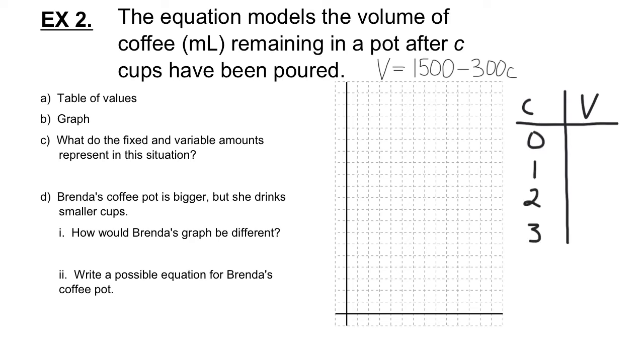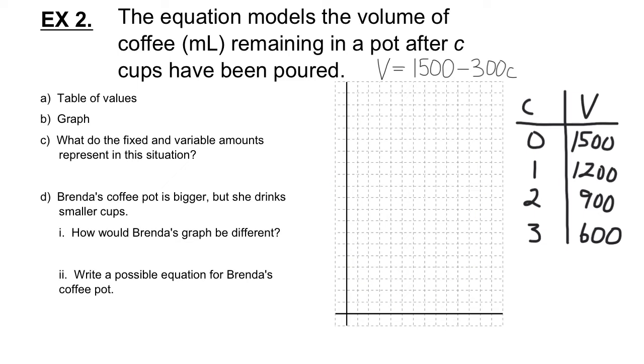And just like in the previous example, I used my equation to calculate V for each number of cups. I'm going to do the same thing here. I'm not going to show my work right now, I'm just going to show my answers. But if you're not sure how I did it, you can just ask me for clarification later. So there you go, I have a table of values.